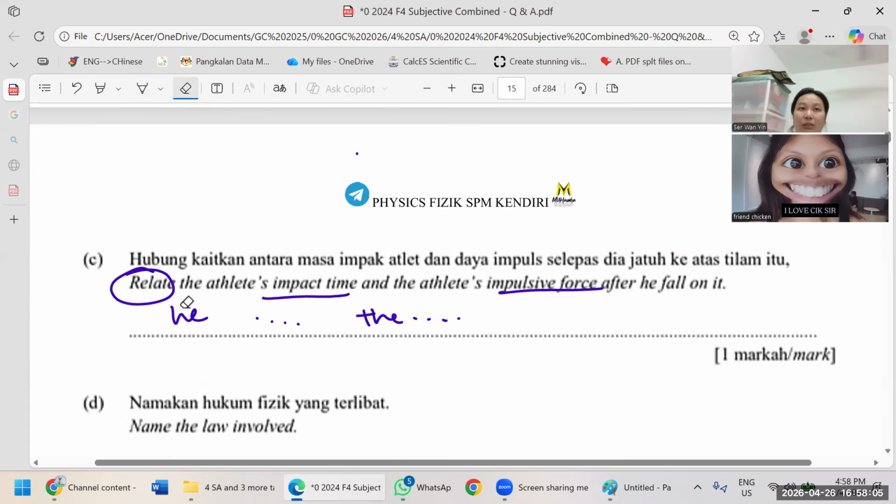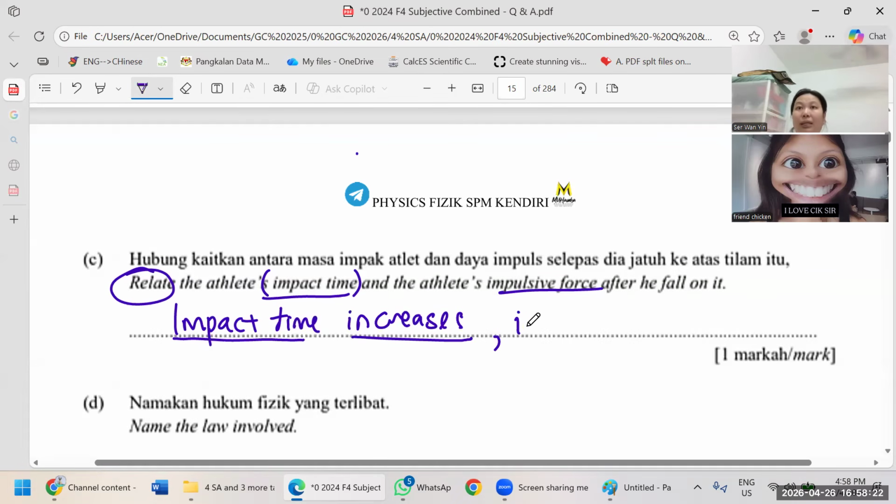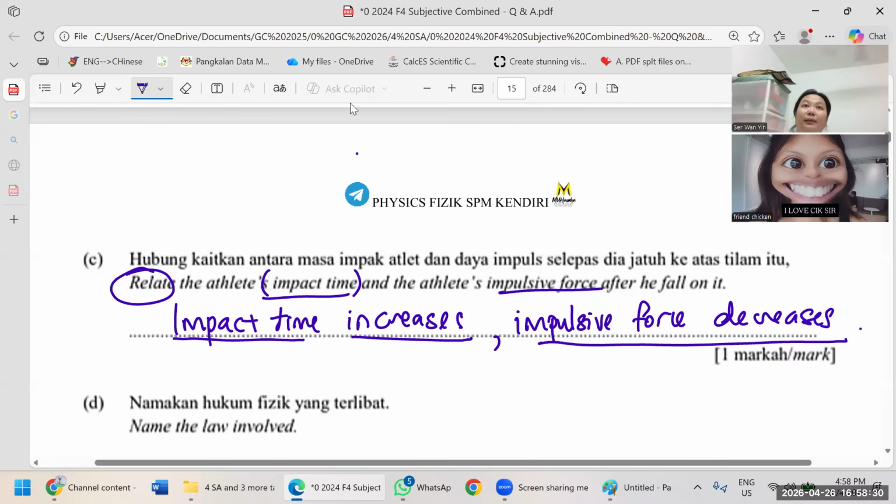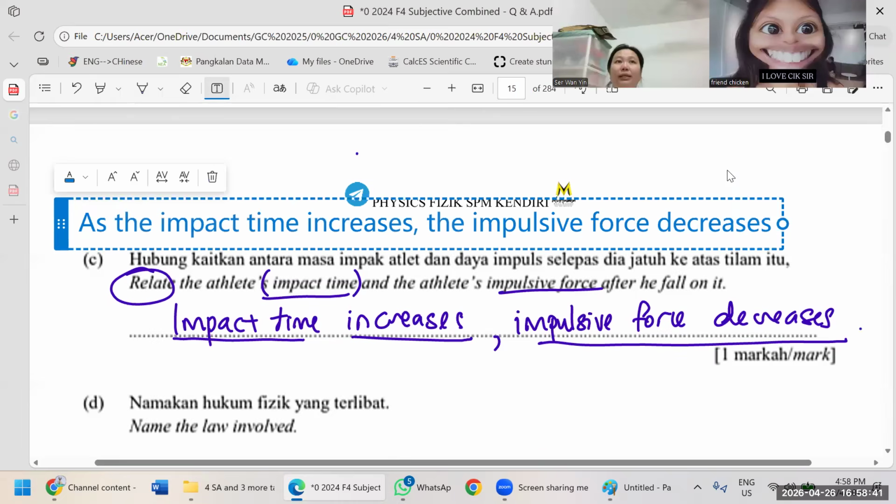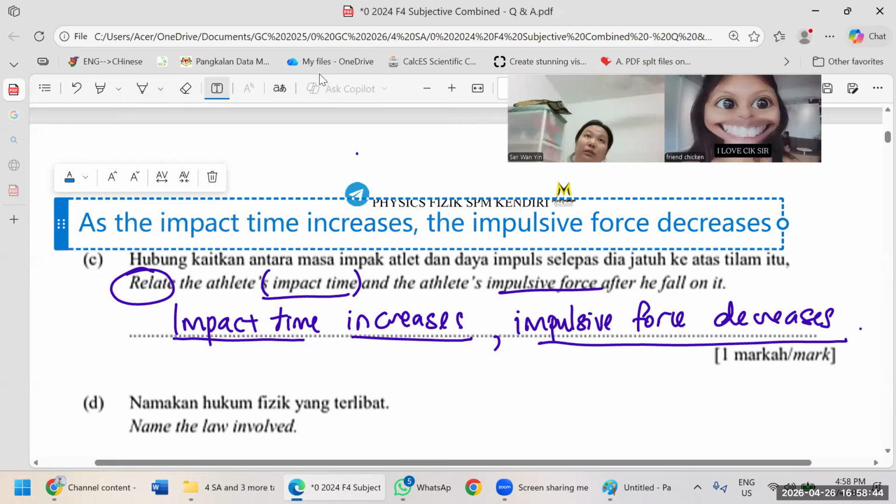Can, but I encourage you to write the physical quantity first. So we write impact time increases. Easy for us to check physical quantity increase. Impulsive force decreases. Very good, that's good English. The impact time increases, the impulsive force decreases.